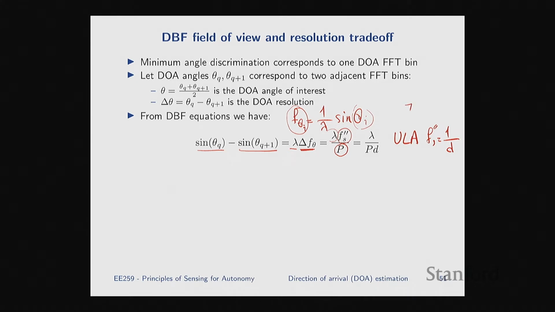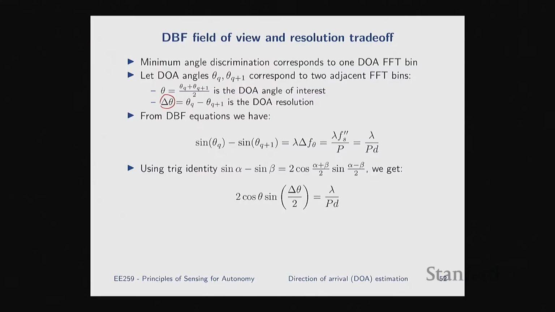So every two adjacent antennas were basically a distance d apart. So then sine theta q minus sine theta q plus 1 becomes equal to lambda divided by P times d. What is big P? Total number of virtual elements in the array. d is the spacing between them.